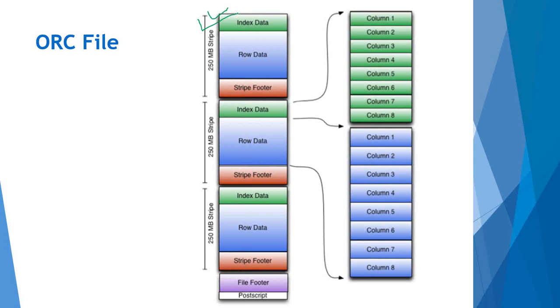So when I'm running a query where salary is greater than 50,000, I'll just traverse my header and quickly check whether there are any records which have salary greater than 50,000. If there are no such records, I'll not traverse this whole row data and I'll skip it. So they maintain not only the data, but also indexes and other things with the data. And in this way, we get faster processing on our data when we are dealing with the data in a column-based format.